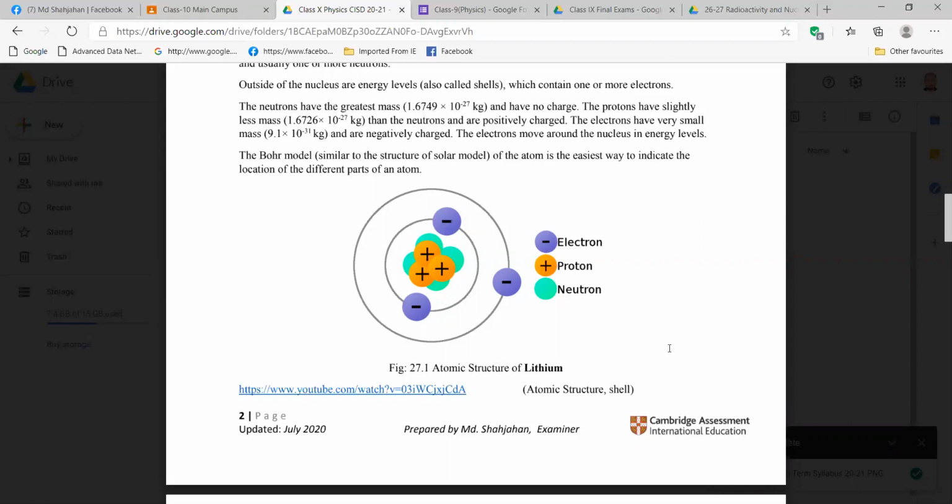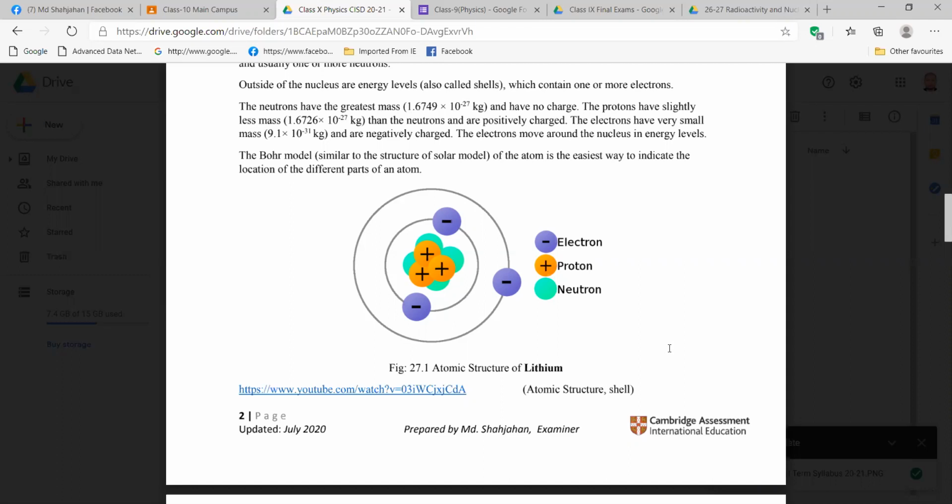In hydrogen-2, 1 proton and 1 neutron. That's why we say hydrogen-2, the nucleon number is 2, right? That one is deuterium.